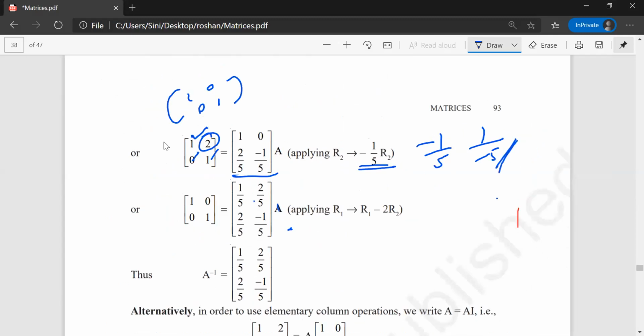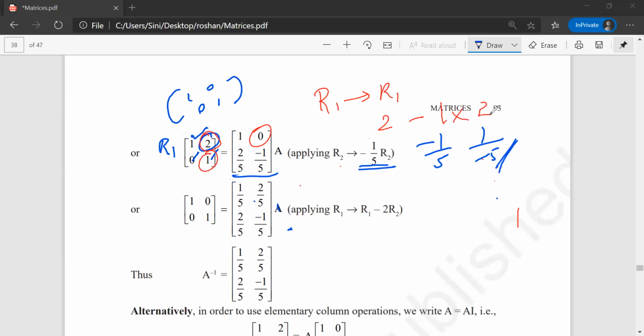This is my first row R1. Correct. So what I will do here is R1 gives R1. R1 is 2. 2 minus this, I have to make it 0. 2 minus 2 will only give me 0. Here 1 is there, so put this 1 into 2. R1 minus 2 into R2, where 1 is in R2, row 2.